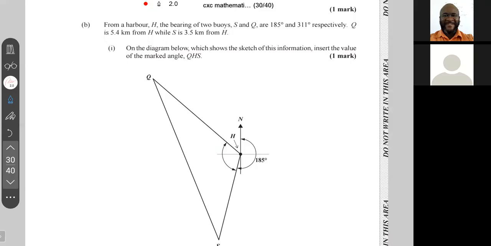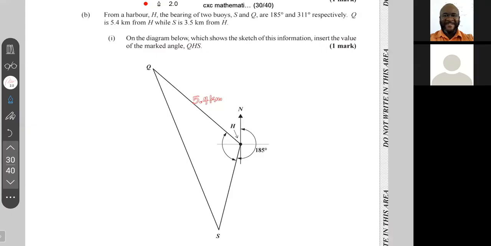Q is 5.4 kilometers from H, and S is 3.5 kilometers from H. On the diagram which shows the sketches of this information, insert the value of the marked angle QHS. We need the value of that angle.